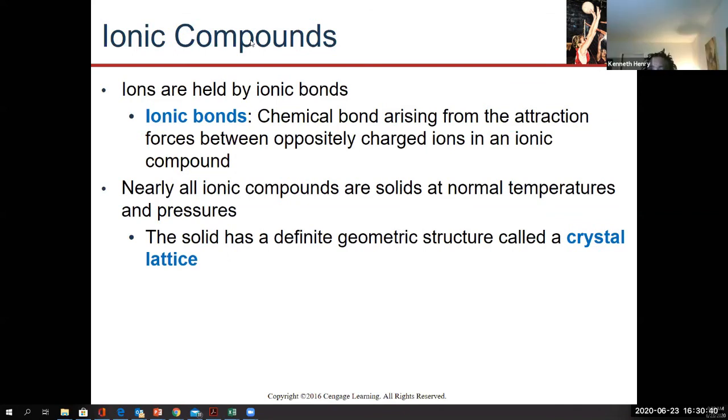Okay, and what makes it negative or positive? The cation or the anion. But what makes it a cation or an anion? If it gains electrons. So if it gains electrons, it's what, a cation or an anion? Anion. And if it loses electrons, cation.